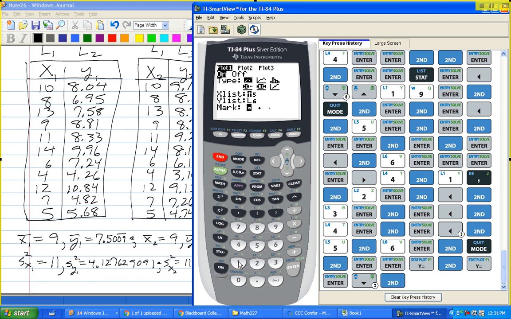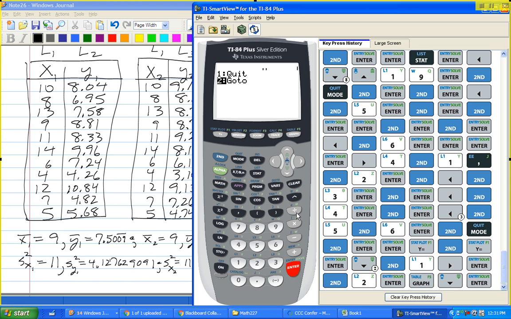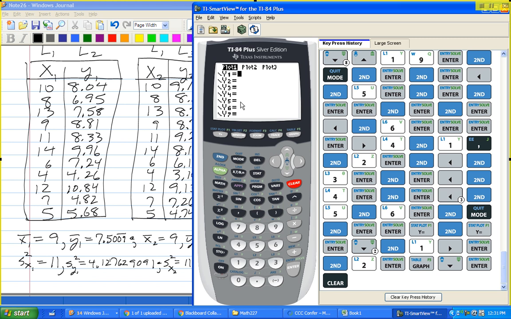Let's do L1, L2. Okay, let's graph it. Nope. Let's clear that. Okay.